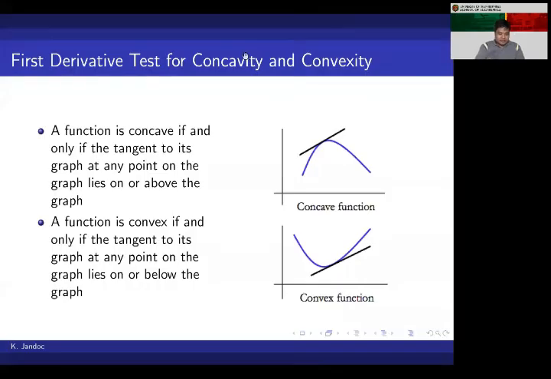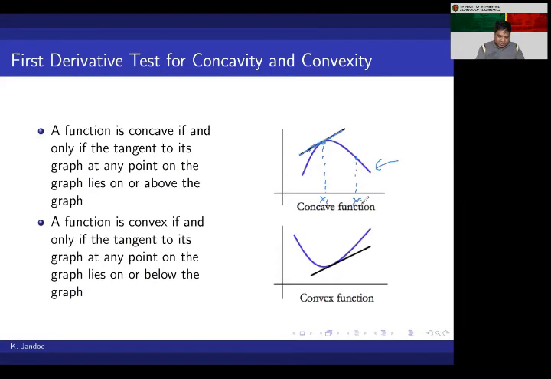Alternatively, we can think of convexity and concavity in the following way. Suppose you have a concave function like this function over here. Notice that at any point, the tangent line lies above the graph. Here in this point, say this is x1, the tangent line is above the graph.